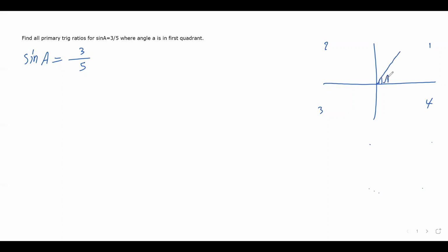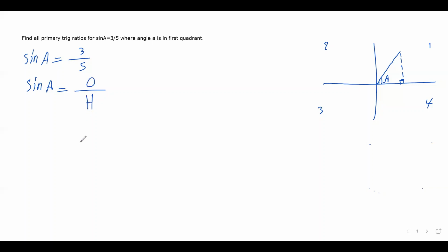If this is my angle A, and I want to graph my right triangle, I have to graph it this way. This is my right triangle, and this is my angle A. And you know sine A equals opposite side over hypotenuse.